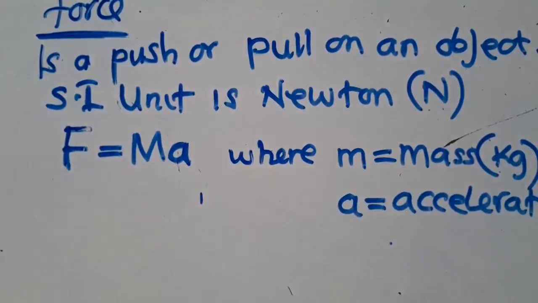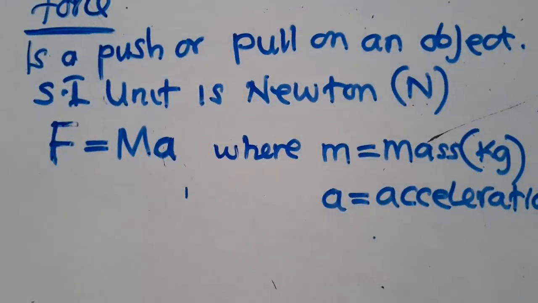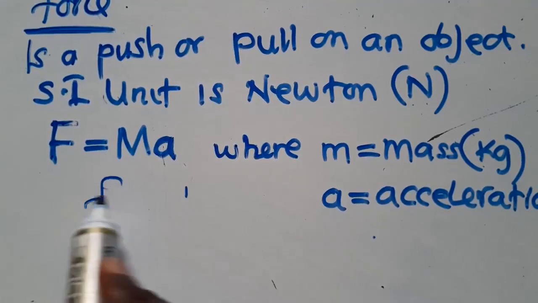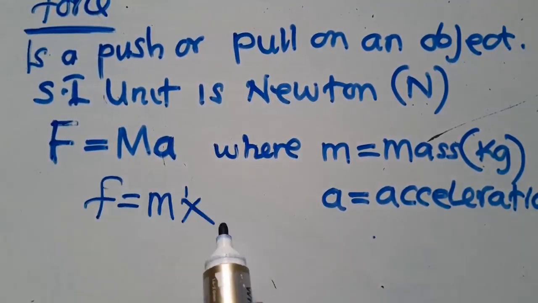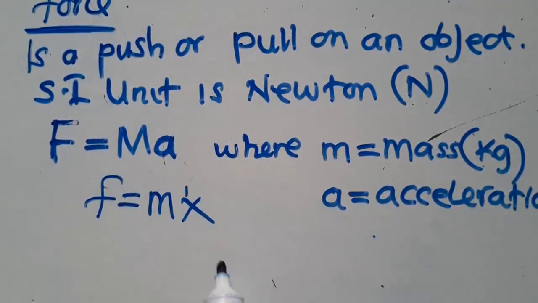Now, on the same graph that you are plotting, if you are told to find the force due to its acceleration, you say force is equal to the mass multiplied by the acceleration which you found at first. You're not supposed to put 10. You put the acceleration which you found.